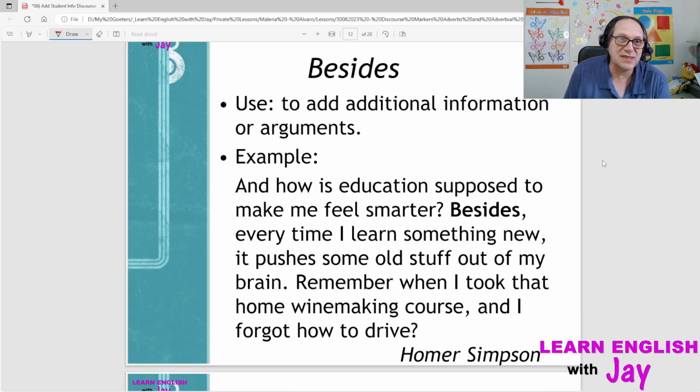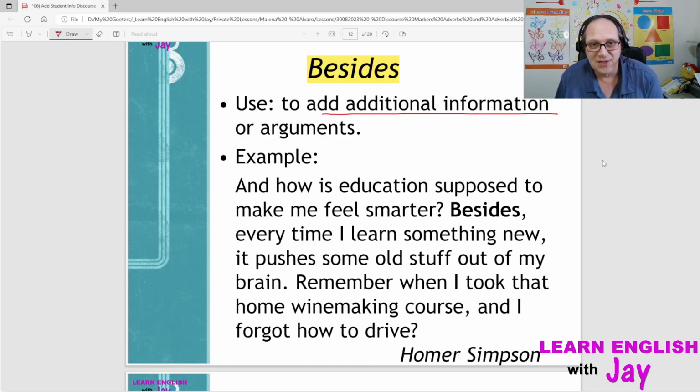Please remember that this is very useful in your writing as well as your talking, to make your speeches or your presentations a lot more interesting. Okay. But besides, so again, this is to add additional information or arguments.